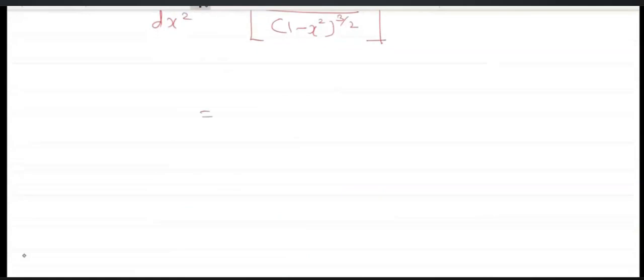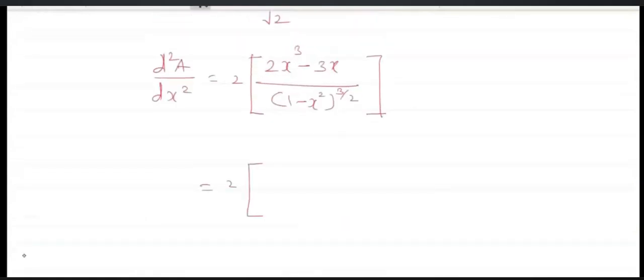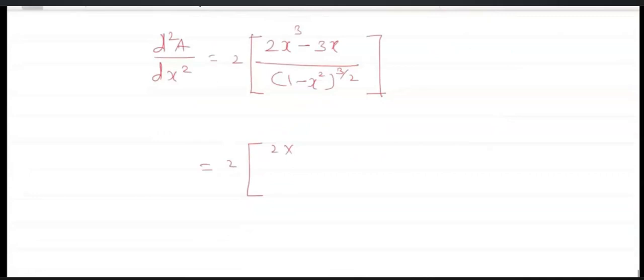Therefore, d²A/dx² is equal to 2 in bracket (2x³ − 3x) upon (1 − x²) bracket raised to 3/2.